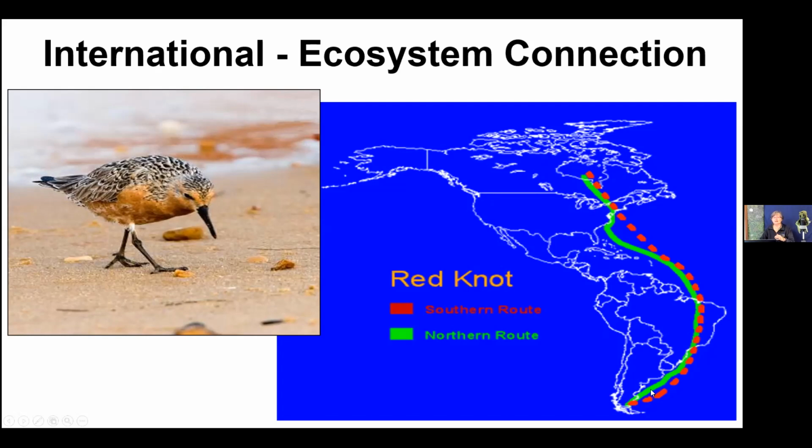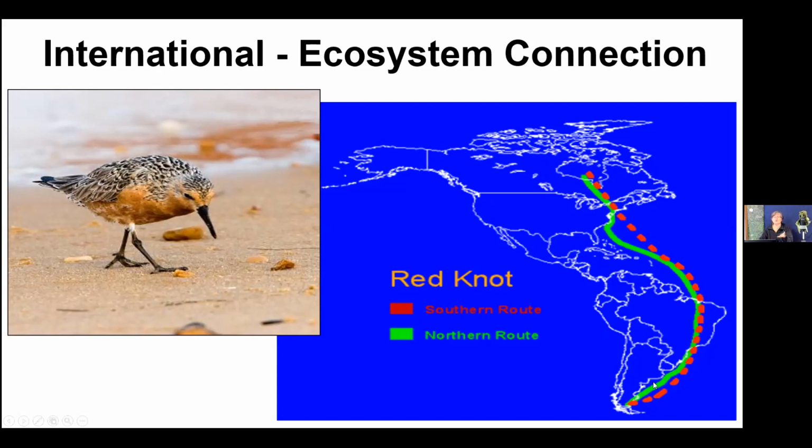And then in the spring, they'll start making their way back up again. They have a very important stop here at Delaware, where they have to eat the eggs of the horseshoe crab, giving them that extra boost of energy to make it all the way back up here to the tundra to nest again.